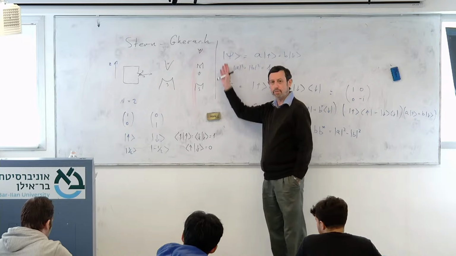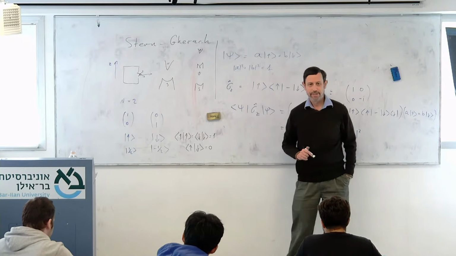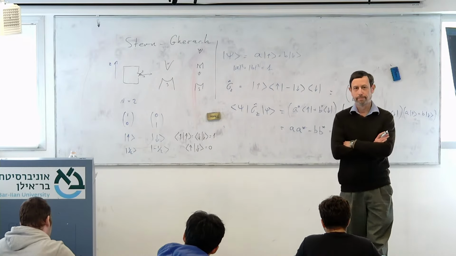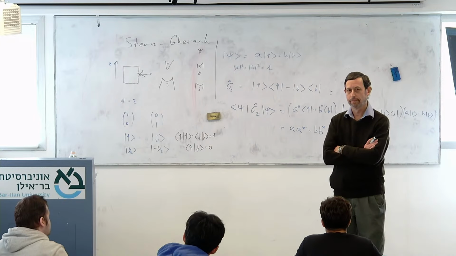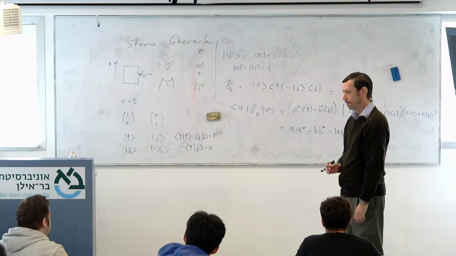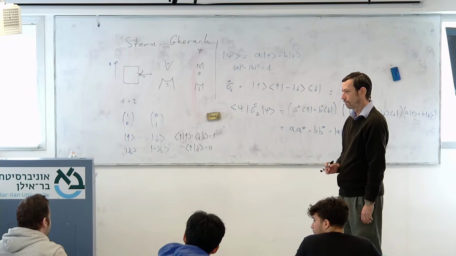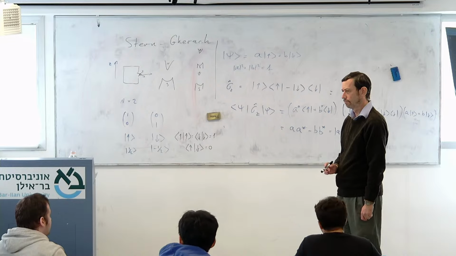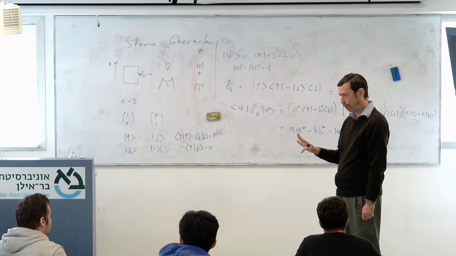Okay, so what will I measure on the screen? Two points, two positions. I think four positions, because for each split you have another two splits after the second magnet. So you say four.